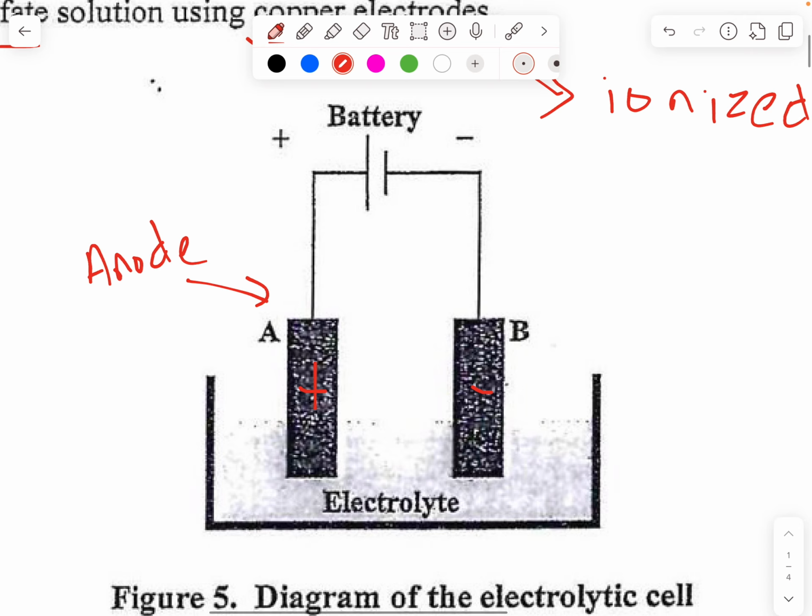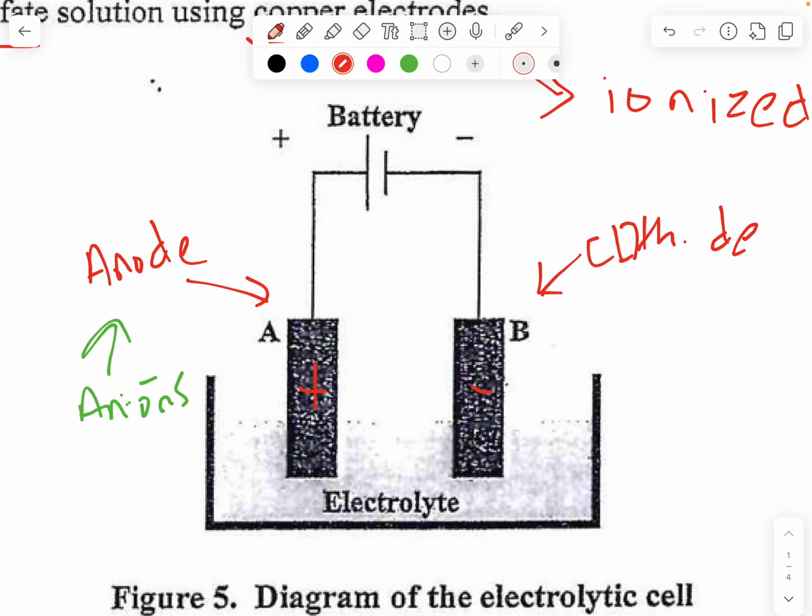The anode is positive, it accepts anions, right, which are negative. I hope you see what's happening right there. While the cathode is negative, and the cathode accepts cations. And of course the cations will be positive.